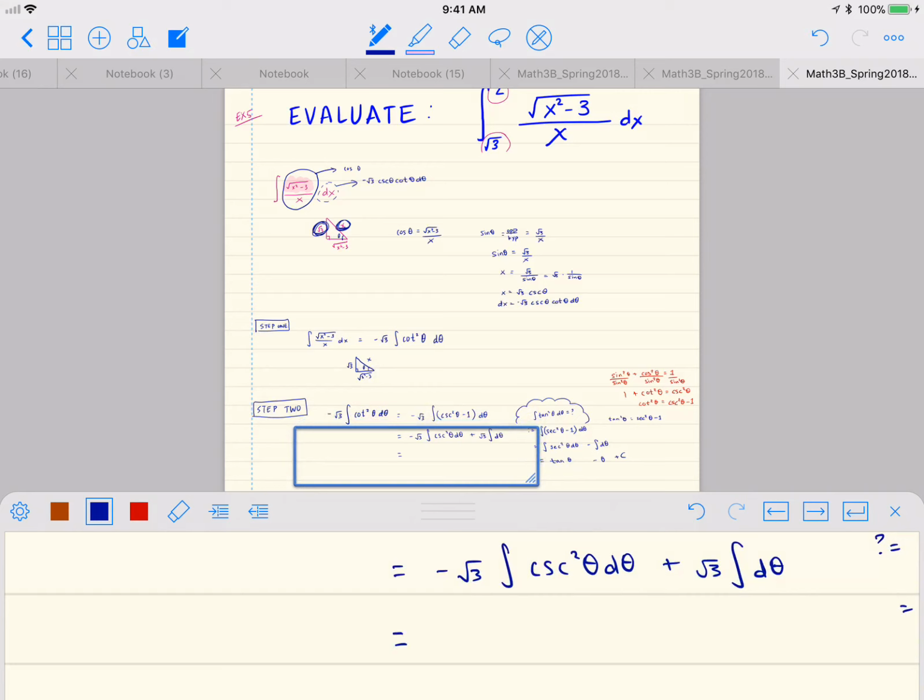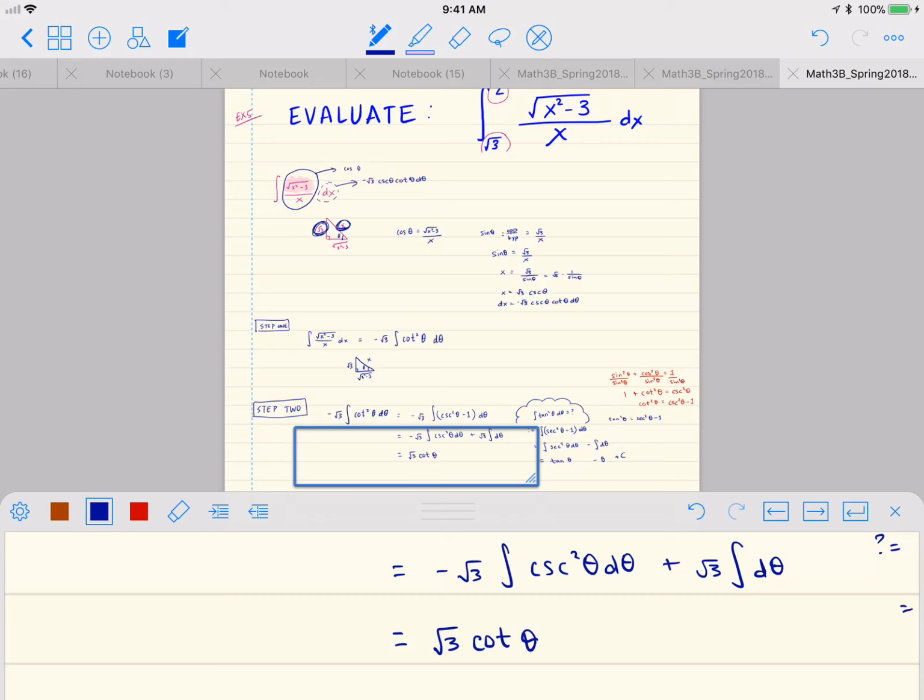Now, what is the integral of cosecant squared theta d theta? Well, now whose derivative is cosecant squared? Negative cotangent. So this is going to end up being root 3 cotangent of theta, right?